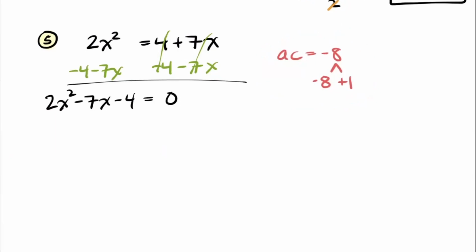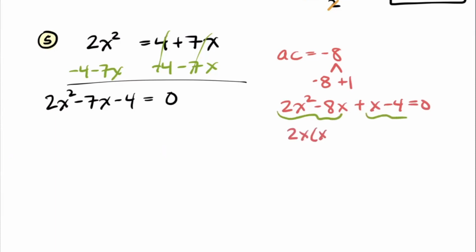So what this would say is we would split this up into 2x squared minus 8x plus 1x minus 4 equals 0. Take out the GCF of the first two terms and the second two terms. The GCF of the first two is 2x. The GCF of the second two is 1.